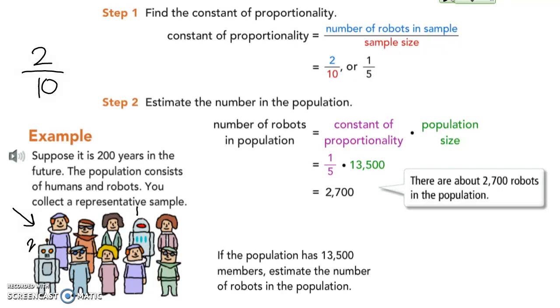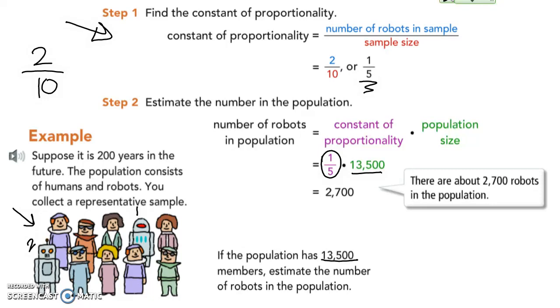The first way I could do it is by finding the constant of proportionality, like they do up here in this little example. So they set up the fraction, 2 over 10, and simplify it to 1/5. 1 out of 5 is going to be a robot, and then you multiply that times the population size. So you would do 1/5 times 13,500. We got that 13,500 from the problem that says that that's the population.